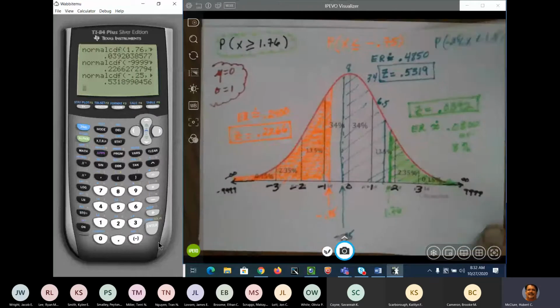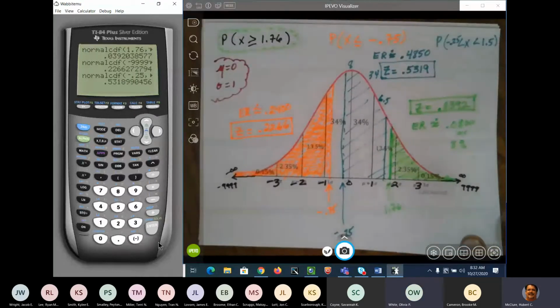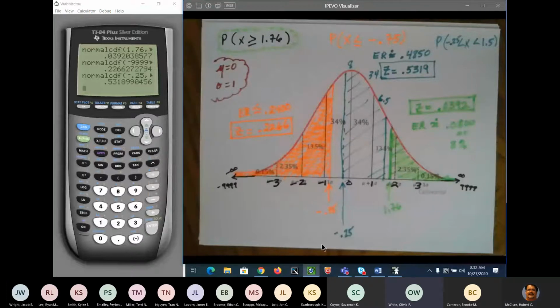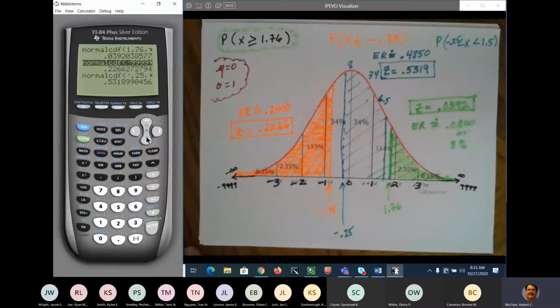Yes, what's your question? Okay, so for the last problem, when you put it in the calculator, you put the negative with it? Negative 0.25 to 1.5. Yes. Okay. Did you put, for the second one, the negative 0.75, did you put it in the calculator as a negative? I should have. Let's check it. Well, it's right here. Let me hit enter and see. Yeah, negative 0.75 right there.